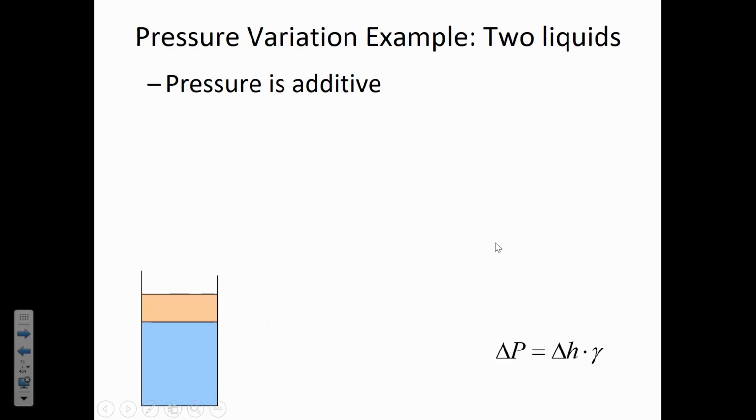Okay, so that's the abbreviated version of the hydrostatic equation. Now the interesting thing is, what if you have different liquids? Like if you've got an oil floating on top of a water, how do things work then? Well, the general trend is that pressure is additive.